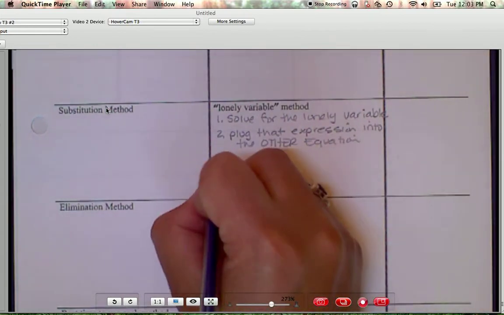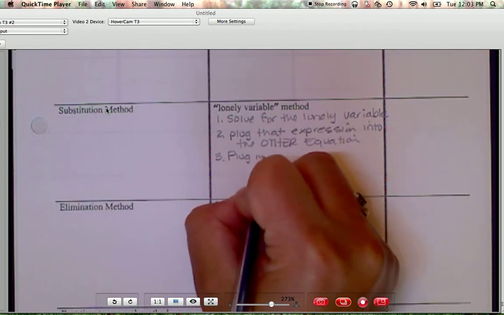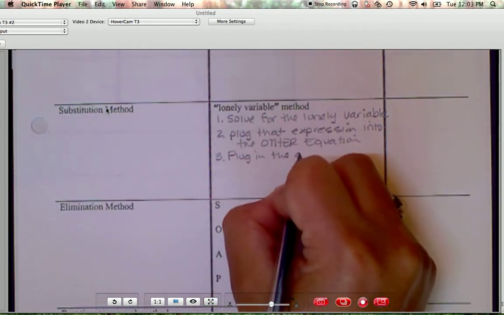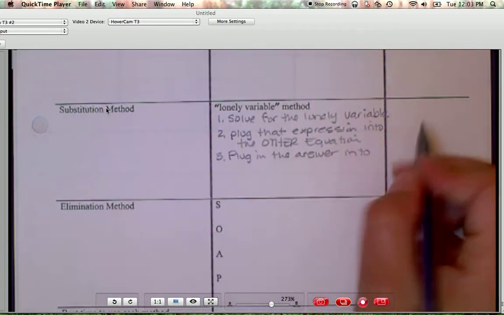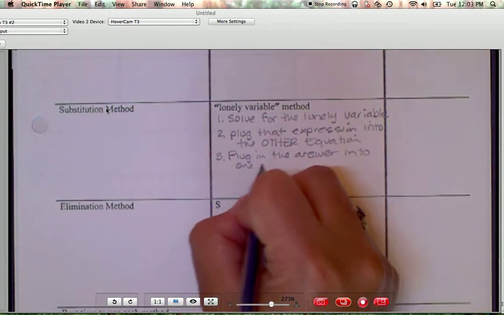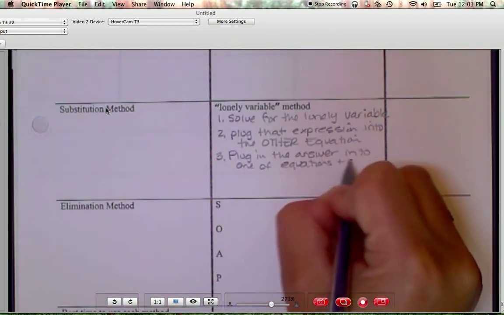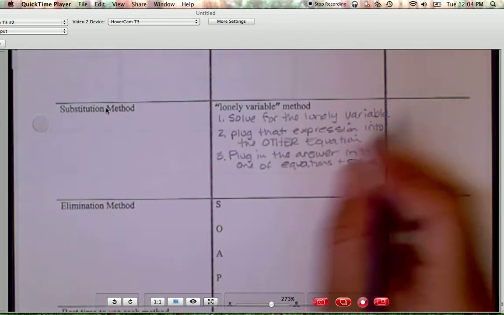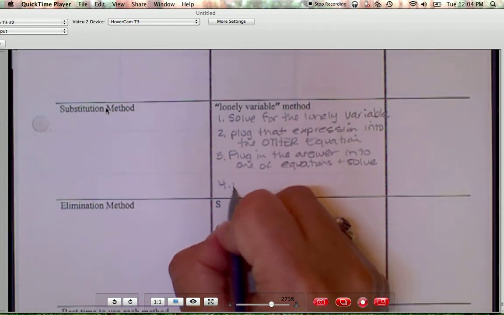Number three, plug in the answer into one of the equations and solve. And then the final thing, write your solution as a point.